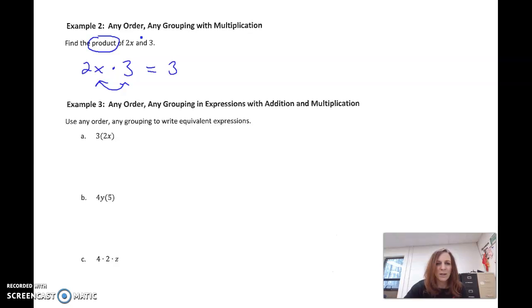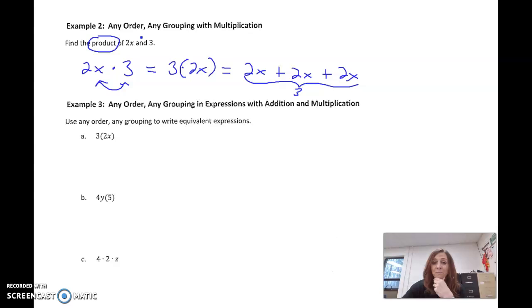I'm going to go 3 times 2x. Whether you use a dot, don't use an x, or use parentheses, what this actually means is I have 3 2x's, because again, multiplying is repeated addition. So if I have 2x plus 2x plus 2x, I have 3 of those, right?